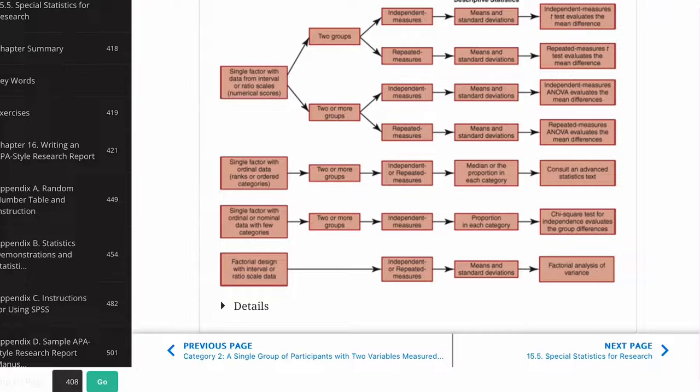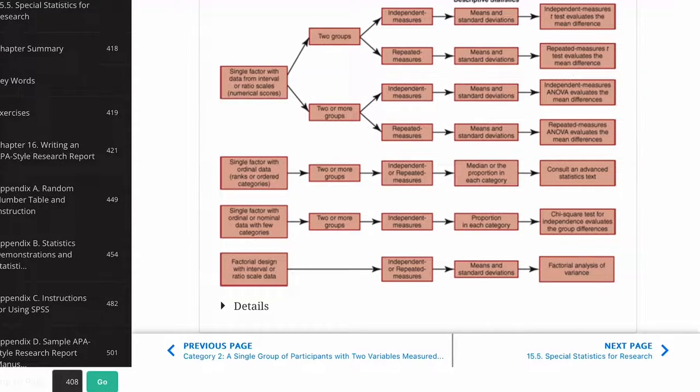The third column is whether it's a between subjects or within subjects design. So remember, independent measures is the between subjects design, and repeated measures is the within subjects design. So if there are separate people in each group, then it's independent measures.